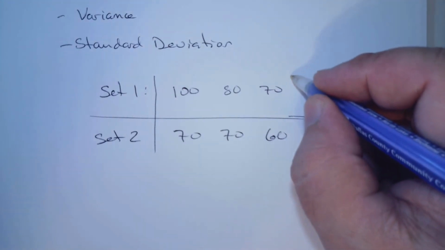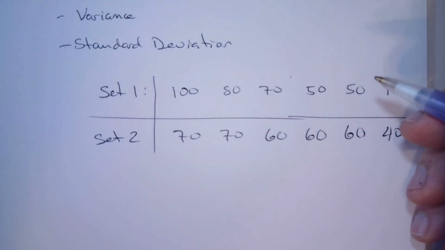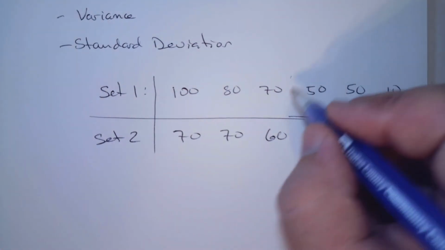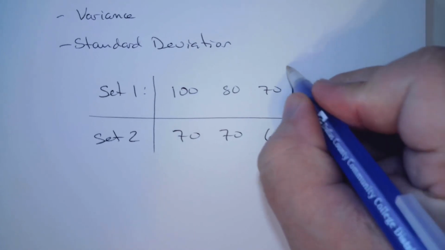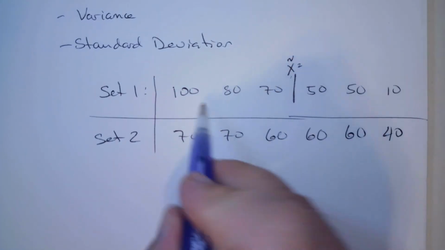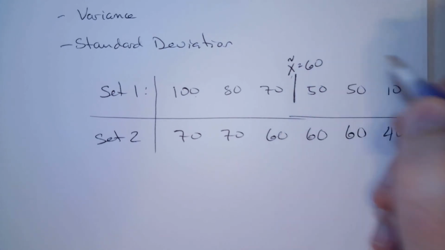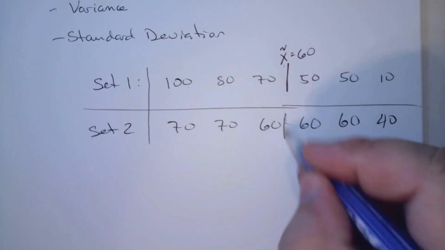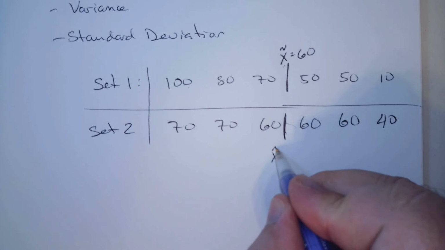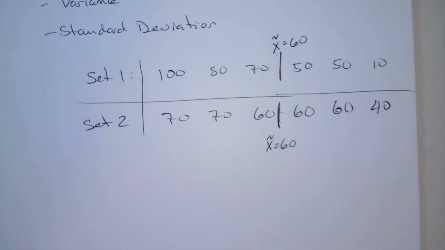So looking at these, what do we know about those so far? The median of this one, since there's 6 of them, is between 70 and 50, which is 60. This one's also at 60.